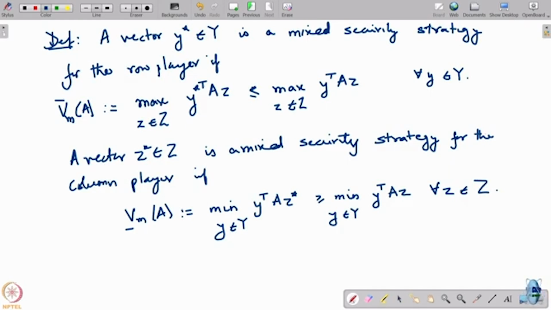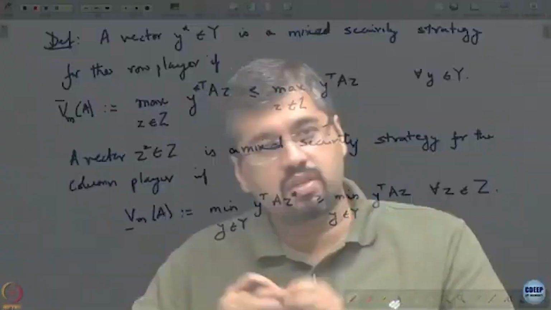Okay. So this is how we can define now the corresponding security strategies. These are security strategies in the sense of distributions. So, in terms of mixed strategies, what are the security strategies they should be playing? What kind of distribution gives the players a certain guarantee of a certain amount of payoff? That is what is being defined here.